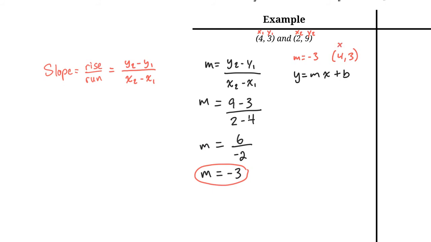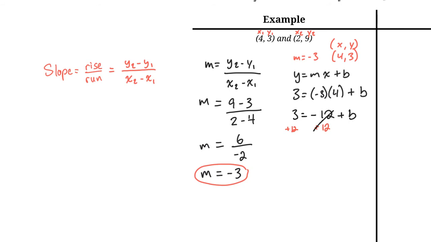And remember, label x and y just so you don't make a mistake. So when we plug these into our equation, it's going to be 3 equals negative 3 times 4 plus b. So we need to multiply negative 3 with 4, and that's just negative 12. And then we would need to add 12 to get b on its own.